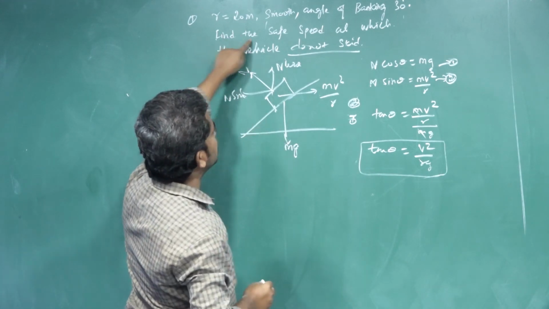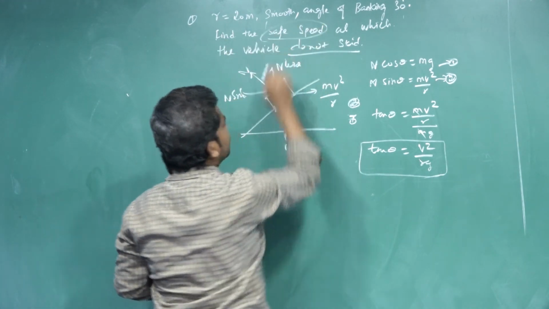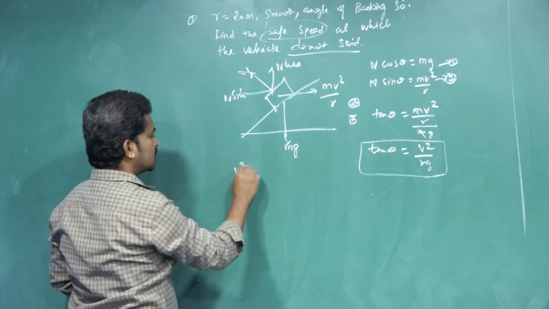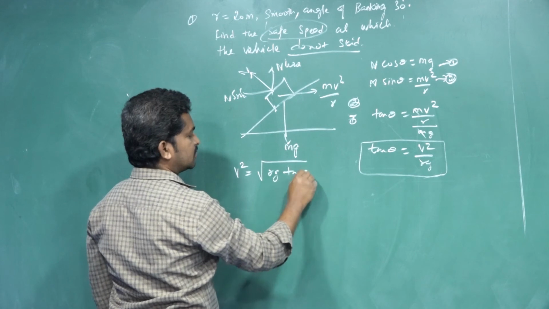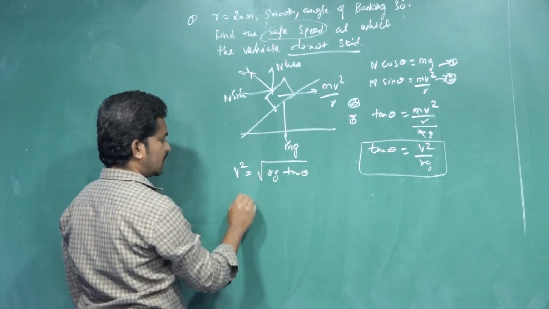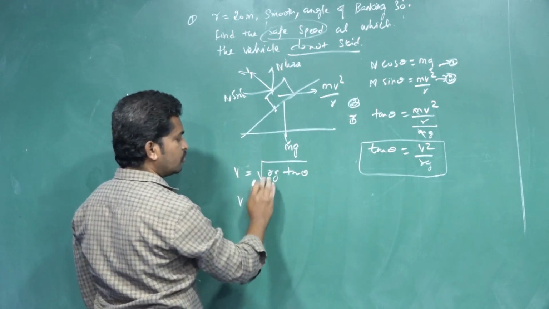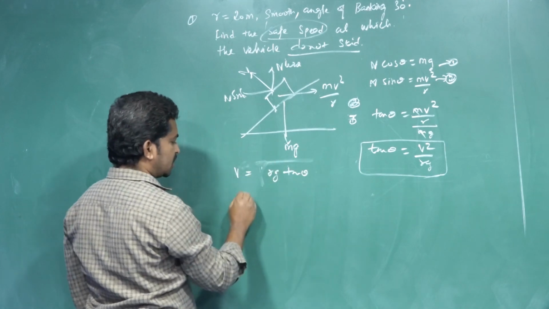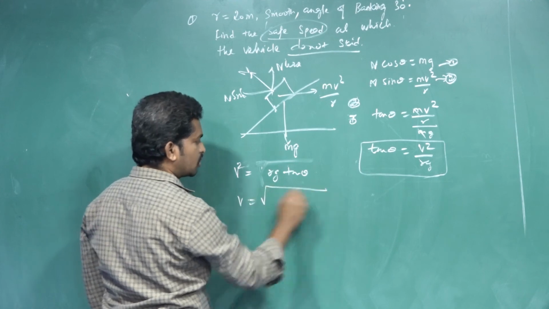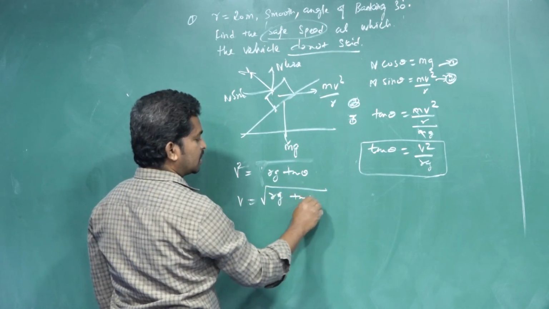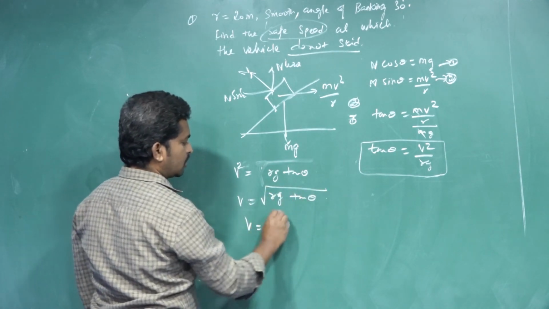What is the question? Find the safe speed. Safe speed means v square is equal to rg tan theta, so V is equal to square root of rg tan theta.